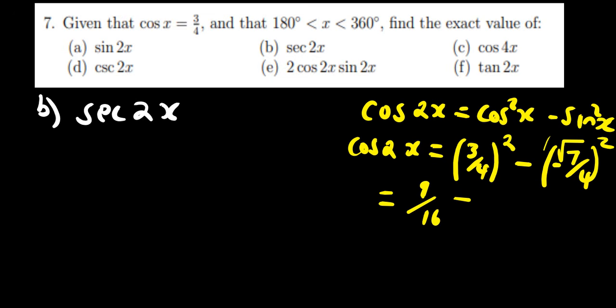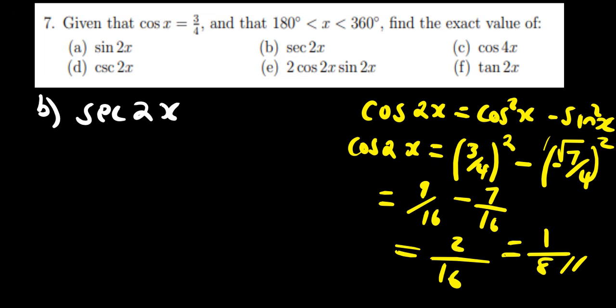The square root of 7 squared will just be 7 over the square root of 4 squared. We're just going to have a 16, and because of the common denominator 16, 9 minus 7, what do we have? It is just a 2. And 2 over 16 is just 1 over 8. So that is the answer for cos 2x.